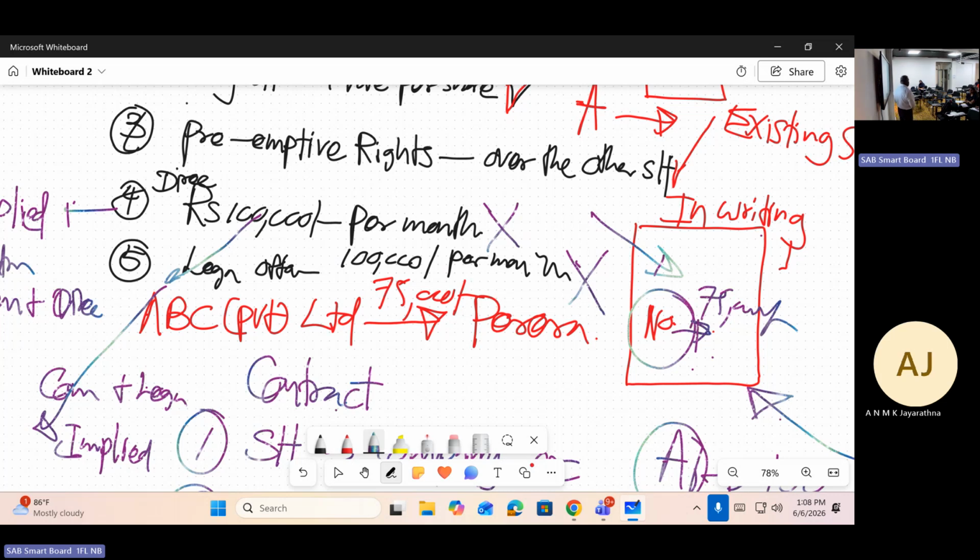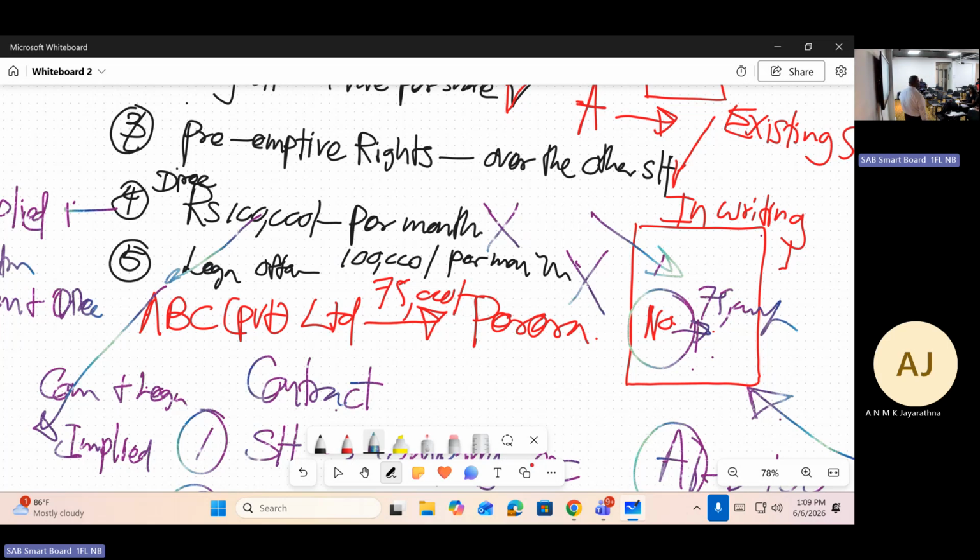If there is no express provision, then he can imply, in order to fill the gap, the terms mentioned in the articles. But if it is expressly mentioned that salary payable is 75,000, then he cannot ask for 100,000. He cannot imply because it is expressly mentioned.